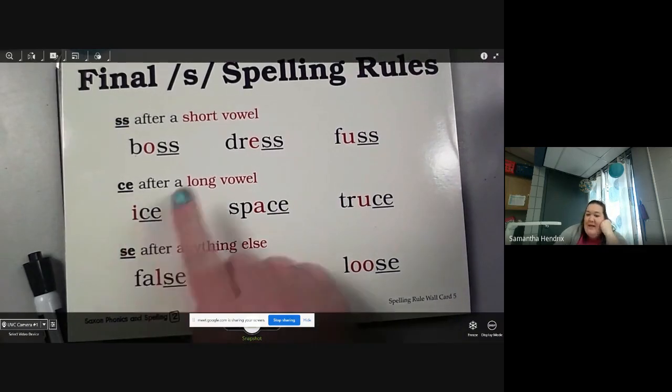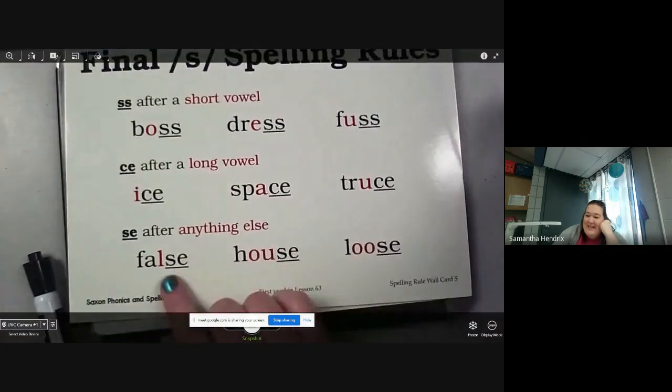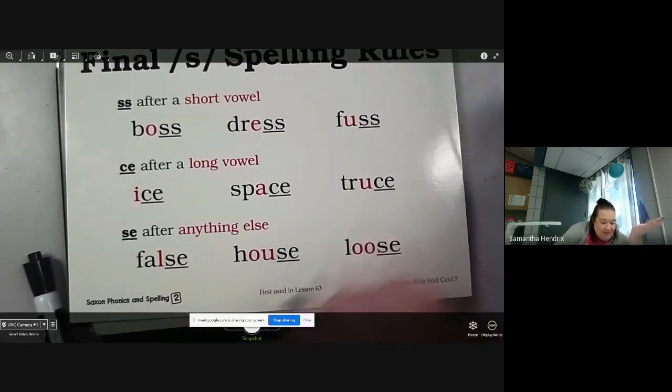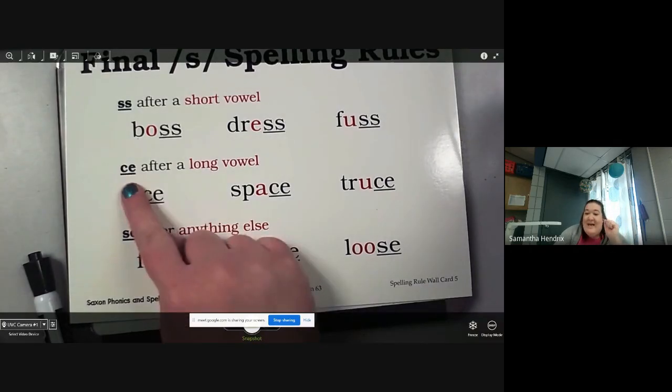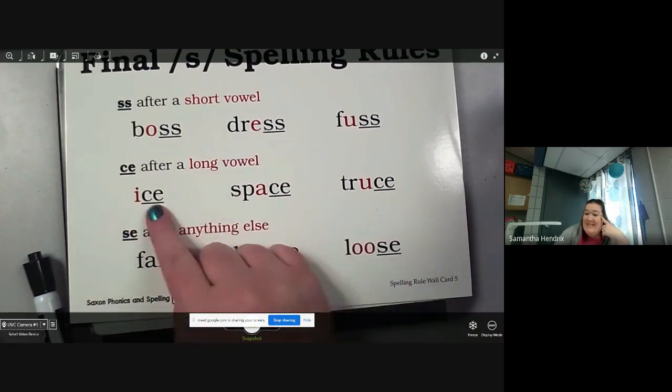So CE after a long vowel. SE after anything else. So that makes it easy. Because over here it says after a consonant or a vowel digraph. That seems like a lot I have to remember. CE after a long vowel. If we hear a long vowel and after it, it's CE.